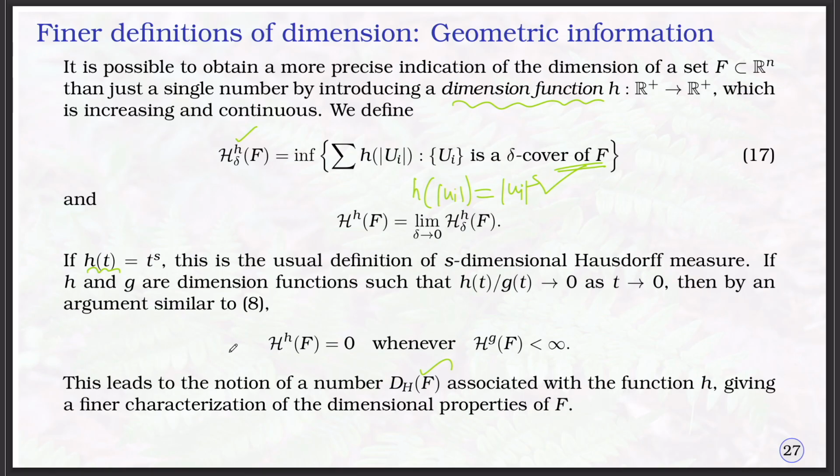Now we can compare all the definitions of the Hausdorff dimension. Initially, if you want to find the Hausdorff dimension of F, you can take the delta cover of the set F, where U_i is an arbitrary set which has diameter at most delta.